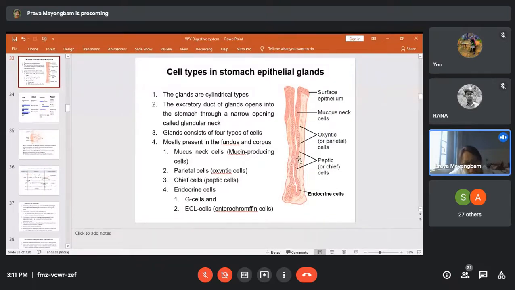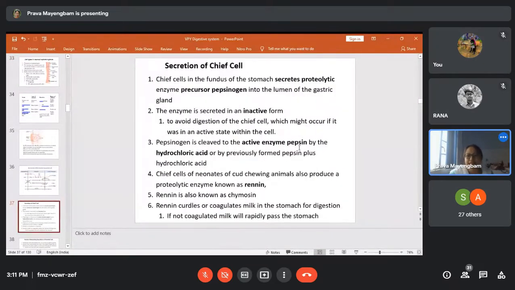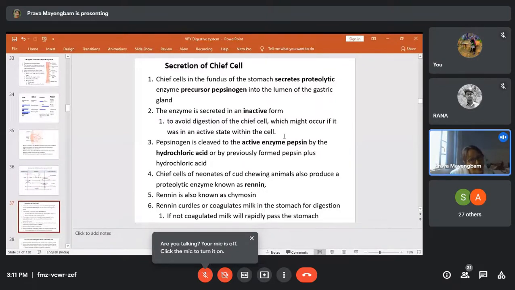To prevent that, the enzyme is secreted in the inactive form, to avoid digestion of the chief cell, which might occur if it were in an active state within the cell. It may attack itself, so to prevent that, it is secreted in the inactive form.